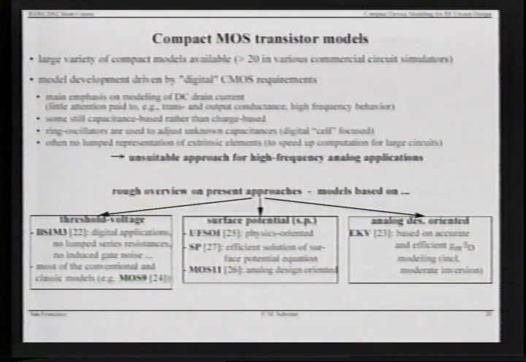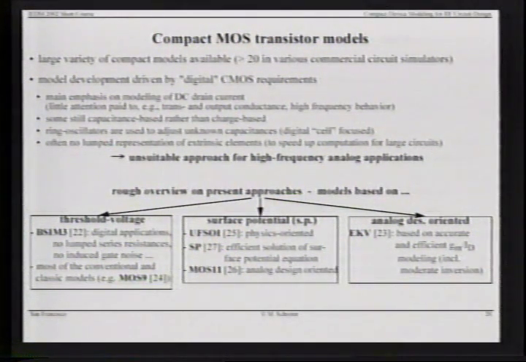If you take a look at the most well-known models, and just to give you a rough overview, we can divide the model development effort into models that are threshold voltage-based, models that are surface potential-based, and models that I would call design-based, analog design-based. And there's just one model which I know where people really have come from analog design, the gm over ID approach.